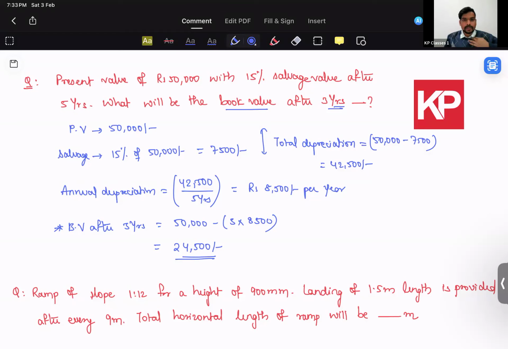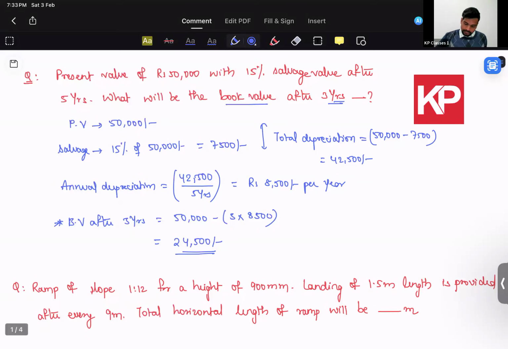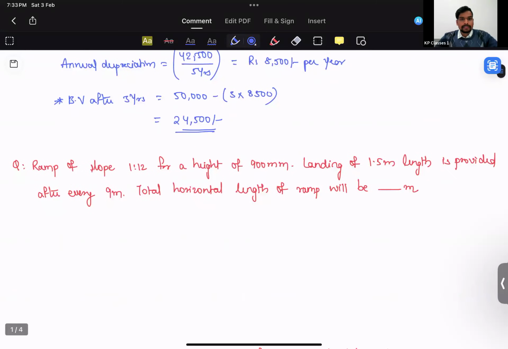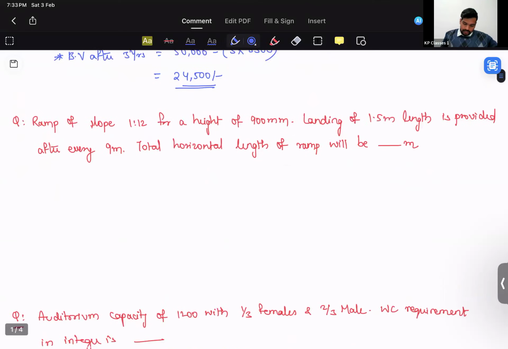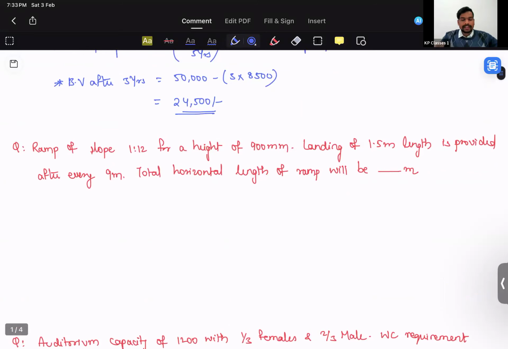So moving on, let us look into the next one as well. This is a question based on a ramp. A ramp slope of 1 is to 12 is provided for a height of 900 mm, and they have also mentioned that a landing of 1.5 meter length is to be provided after every 9 meters. The total horizontal length of the ramp is what they are asking.